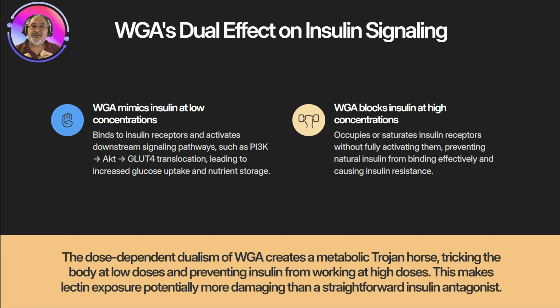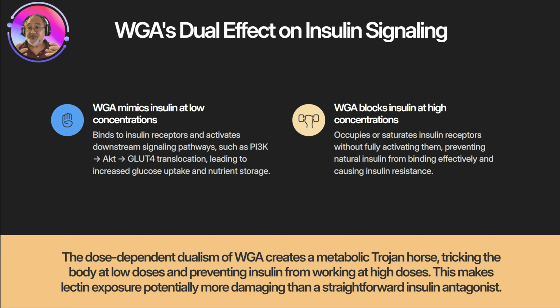At low concentrations, WGA mimics insulin, binds to the insulin receptor, and activates downstream signaling pathways such as PI3K, AKT, GLUT4 translocation, which means increased glucose uptake, right? So it actually makes it think like it's increasing the glucose uptake.